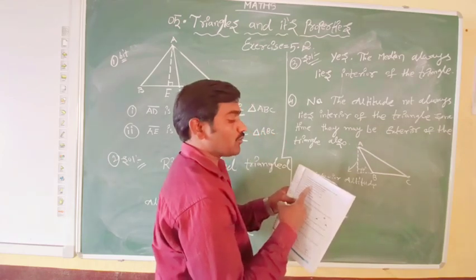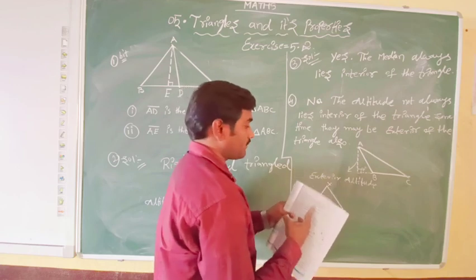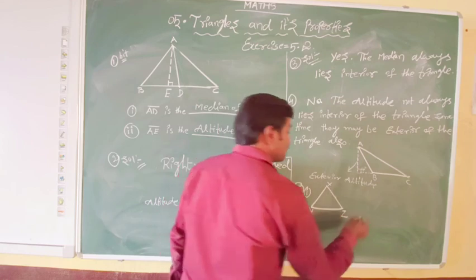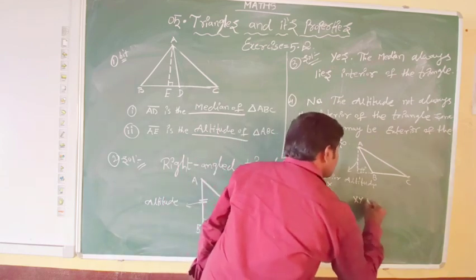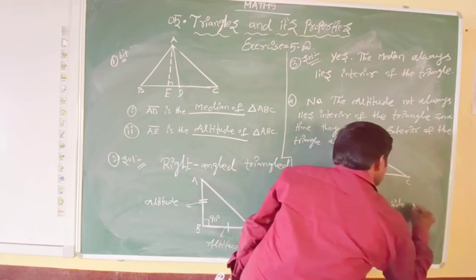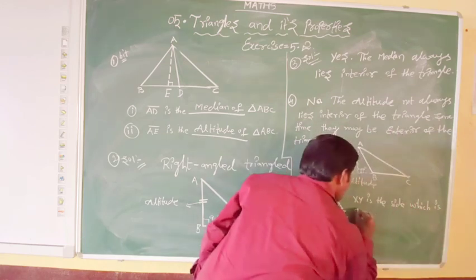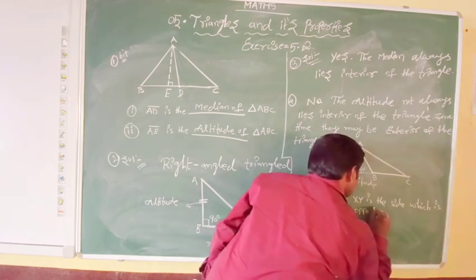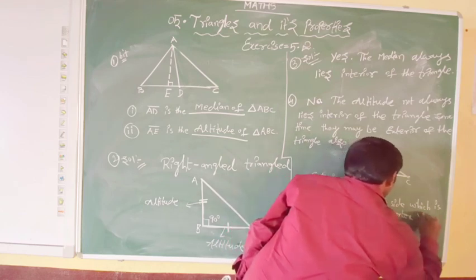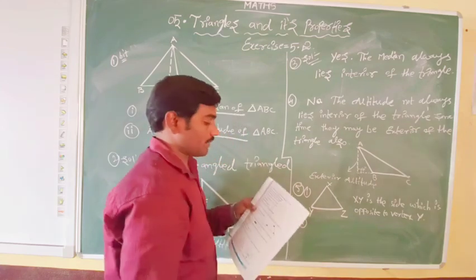We need to write the side which is opposite to the vertex Y. Which side is it? XZ. Here XZ is the side which is opposite to vertex Y.